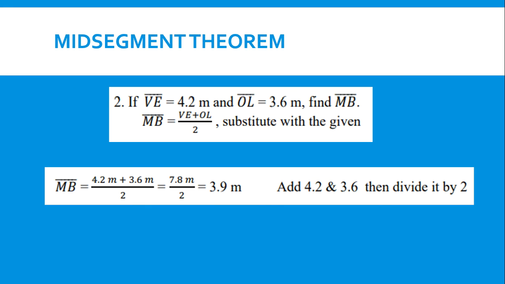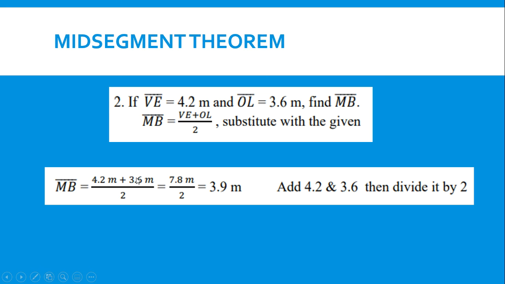Okay, let's go now to problem number 2. If VE is 4.2 meters and OL equals 3.6 meters, find MB. So, pareha gyapon sa number 1, ang median ang gipangita. So, MB equals VE plus OL over 2, substitute with the given. So, MB equals 4.2 meters plus 3.6 meters over 2.